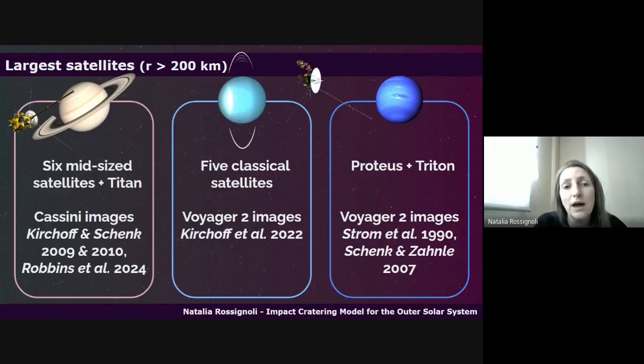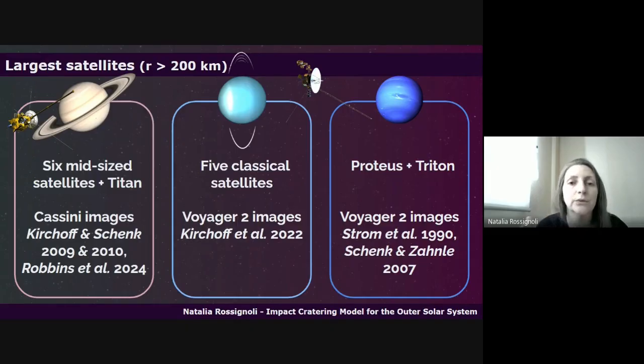So in this talk, I'm going to present for the Saturnian system, 6 mid-satellites and Titan, which is the largest satellite of Saturn. And the main calibrators in this case will be these works listed here, which were made with the Cassini images. And as you know, the images obtained by Cassini of the surfaces of these satellites have very high resolution, which is very good because then the crater counts have very high resolution as well.